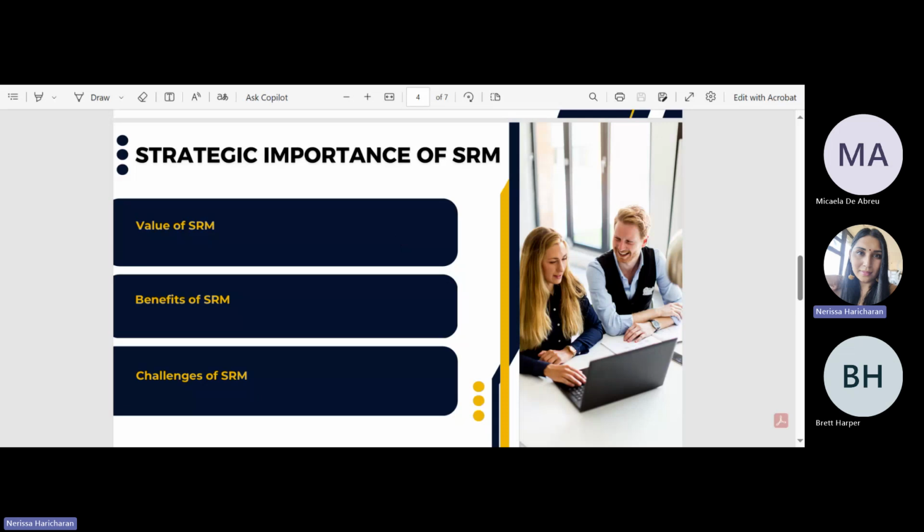Okay, then we want to speak about the strategic importance of supplier relationship management. I think supplier relationship management has evolved quite rapidly over the last few years. And I think COVID has contributed towards it, because a lot of businesses were supported by their suppliers, especially during COVID, whether it was from a communicative perspective, a delivery perspective, or whether it was just something exceptional.